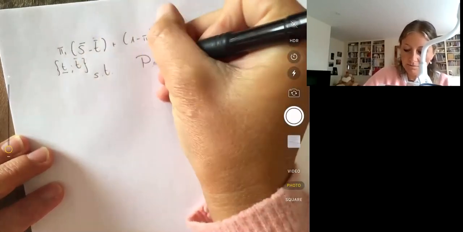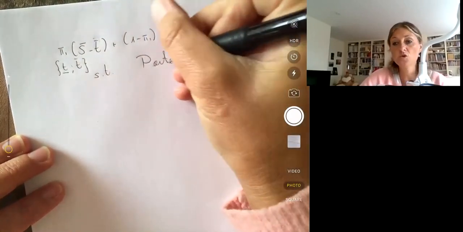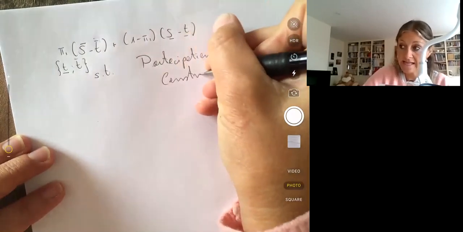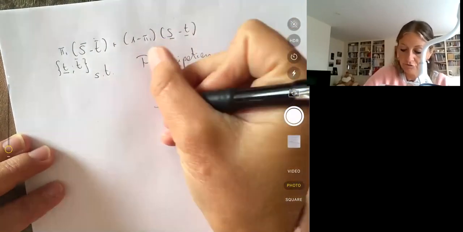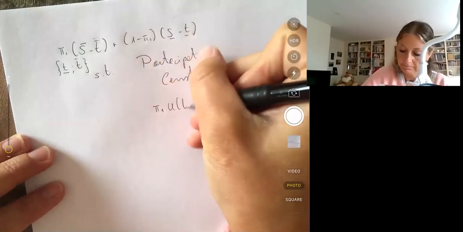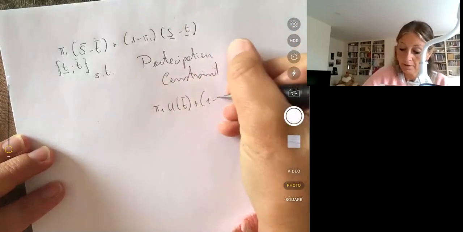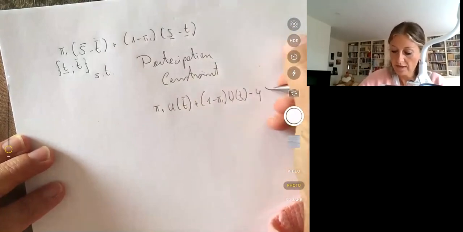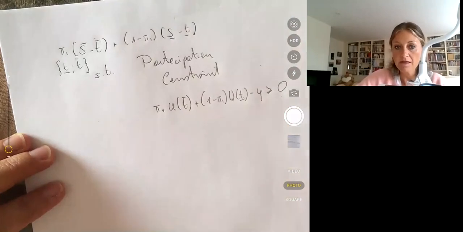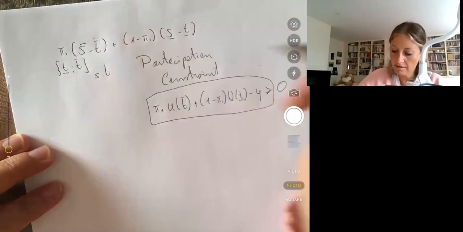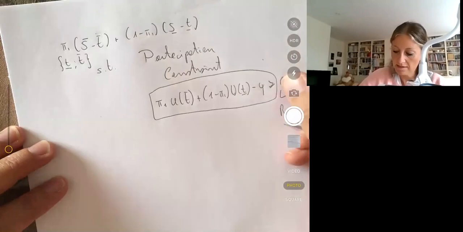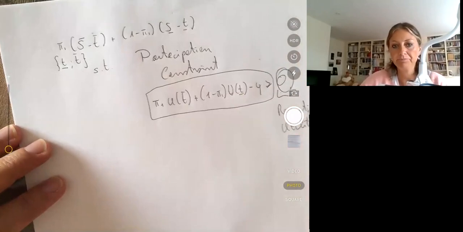So the constraint that ensures that the agent will accept the contract. Why? Because whatever I'm offering, which is given by that part, is actually greater than his reservation utility, which in this case has been simplified to 0.